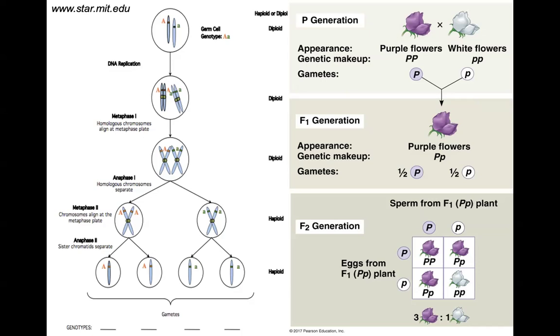This is our 50-50 genetic makeup for producing the gametes. This is what we can see in the middle of the right diagram, looking at the F1 generation and the gametes produced. Half of them would have a big P, half would have a little p. This is equivalent to the big A and small a that we see on the left-hand side of the diagram.